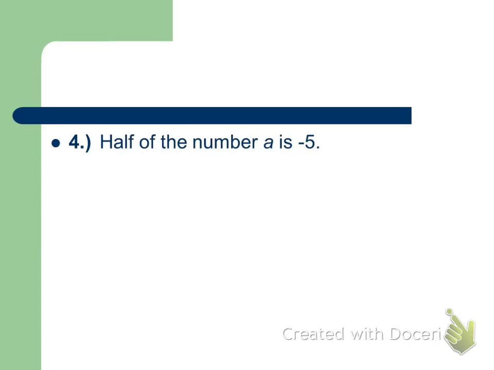It means we should divide by... Well, if you cut something in half, you're dividing it by 2, or you could think about it as multiplying it by 1/2. But taking half of something, cutting it in half, means you're dividing it into 2 pieces. So half of the number a means we're taking a and dividing it by 2.